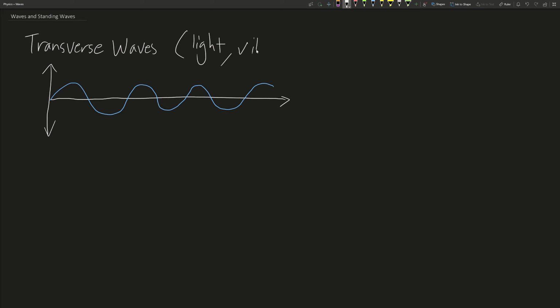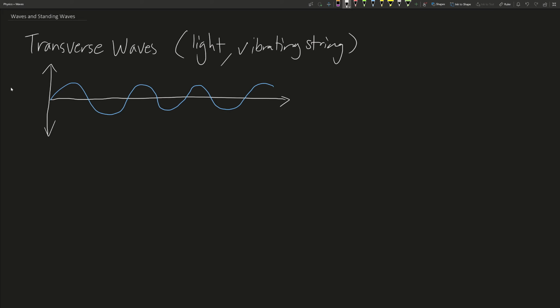Or like I said, a vibrating string would also be a transverse wave, because the direction of the vibration is perpendicular to the direction of movement of the wave. So the wave would be traveling, again, from left to right, but it's vibrating up and down like this.